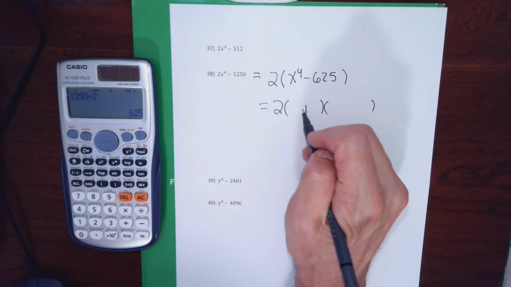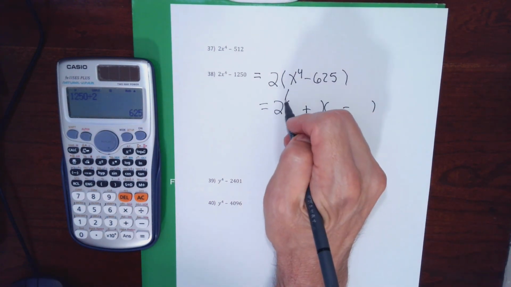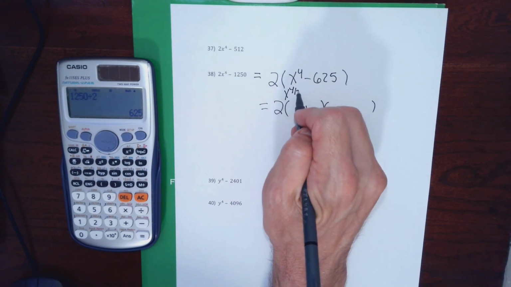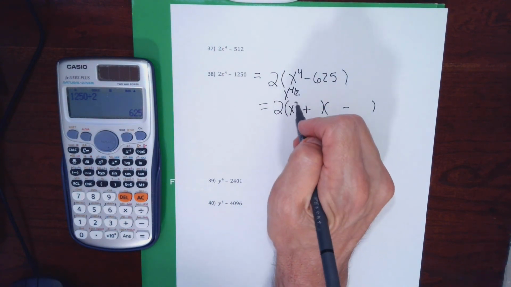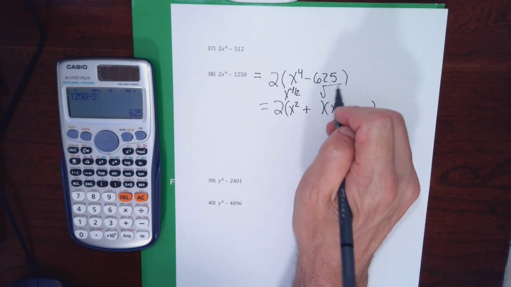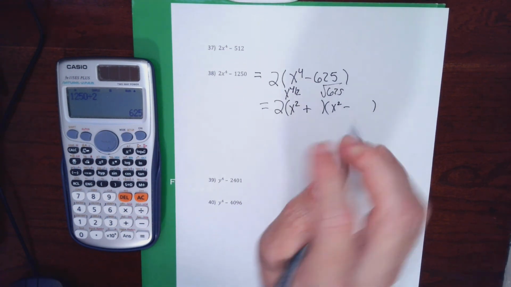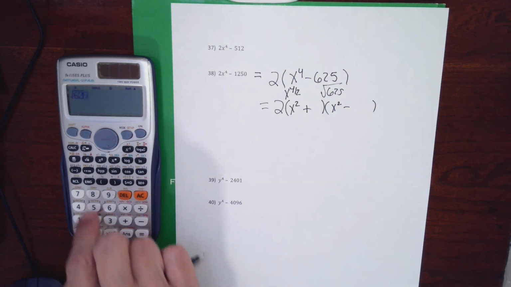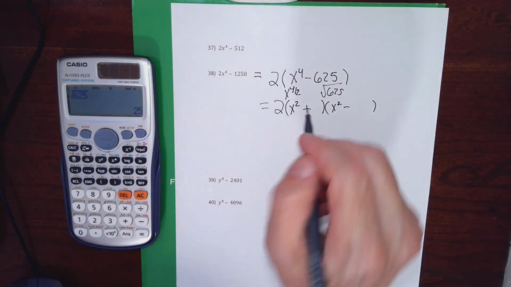To do the first level of factoring, I'm going to take the exponent of 4 and divide it by 2 and get a couple of x squared, which makes it another square problem. To finish off my parentheses, I'm going to square root that 625 and get 25.